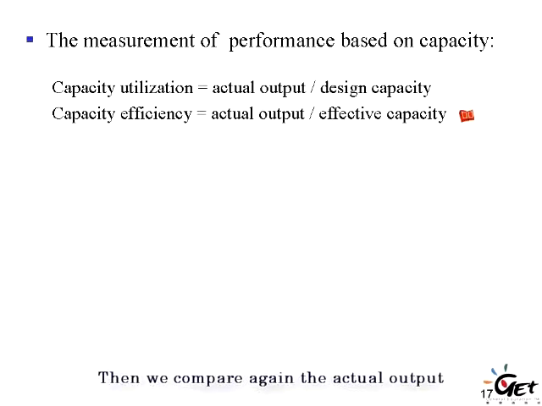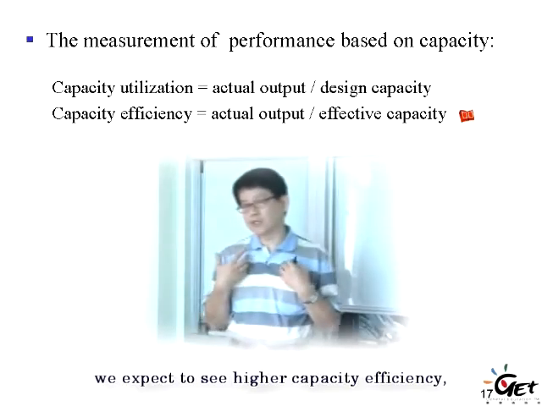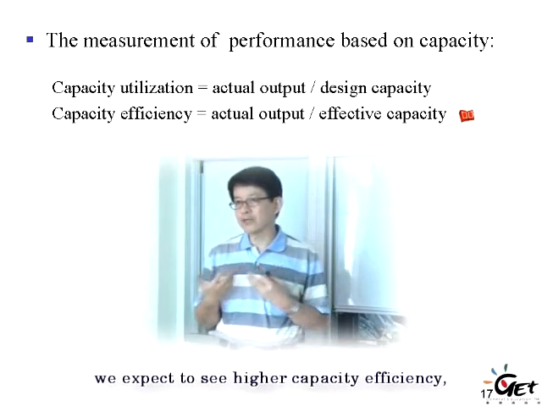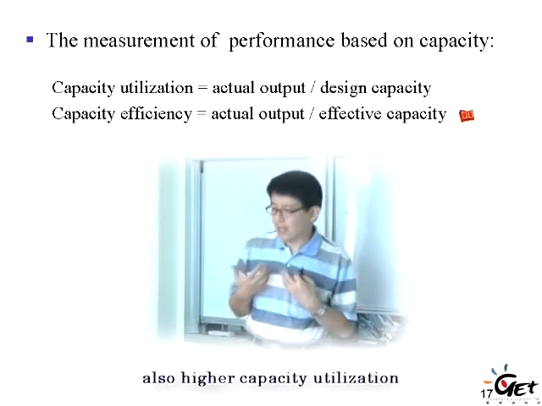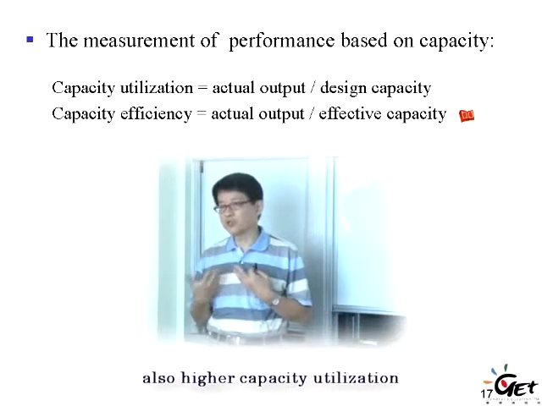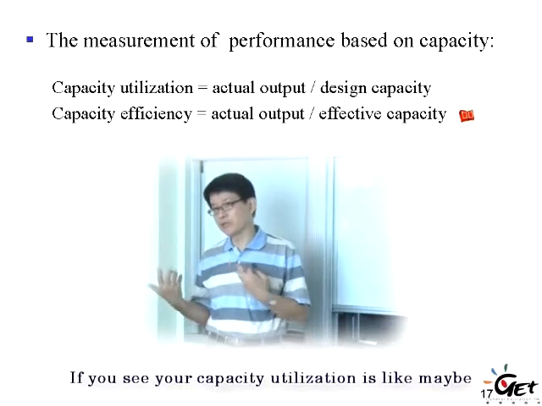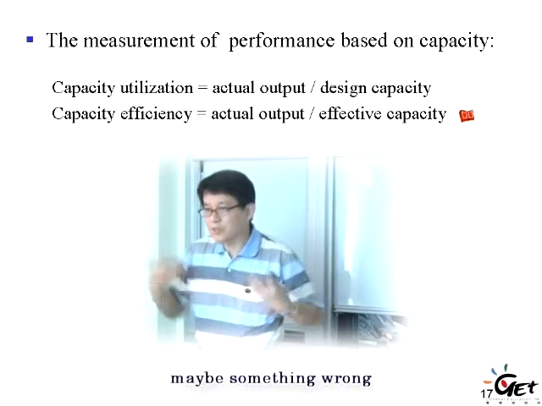Then we compare the actual output to this effective capacity. We call this capacity efficiency. Of course, we expect to see higher capacity efficiency, also higher capacity utilization. If your capacity utilization is maybe 50%, then maybe something is wrong.